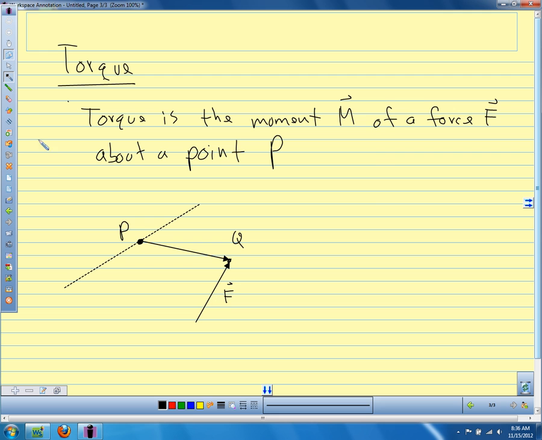Our torque is going to be here, and we're perpendicular, we're making a 90-degree angle from M to PQ.